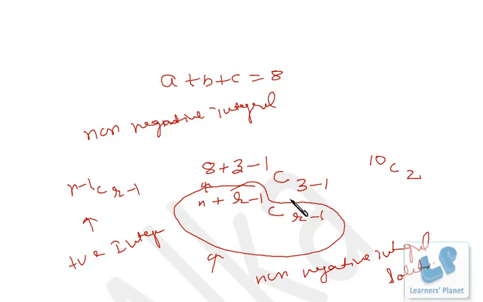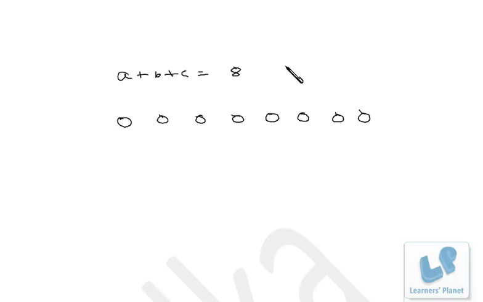Okay, let's take one or two more examples. Now, an alternative approach can also be seen in this case when A plus B plus C is, suppose, maybe 8, right? Now 1, 2, 3, 4, 5, 6, 7, 8. Okay, 8 apples are there, and we have to make 3 partitions, or alternatively I can say we are looking for non-negative integral solution.